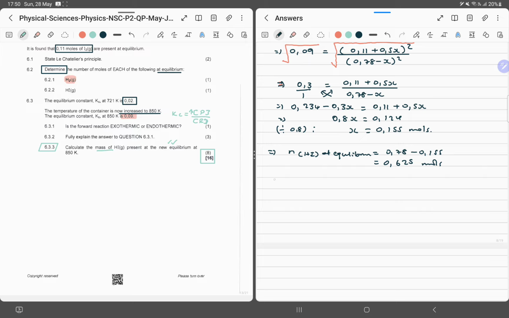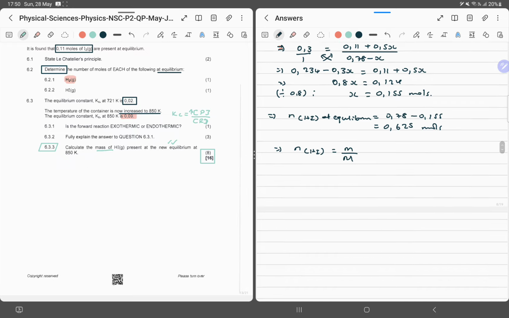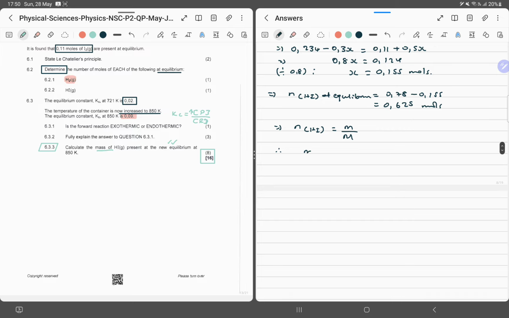We can say, therefore, the mass, okay, maybe let's write a formula. So we know that the number of moles of hydrogen iodide is going to be equal to the mass over molar mass. Therefore, the mass is going to be number of moles multiplied by molar mass, which is 0.625 into 1 plus, this is 127, right?